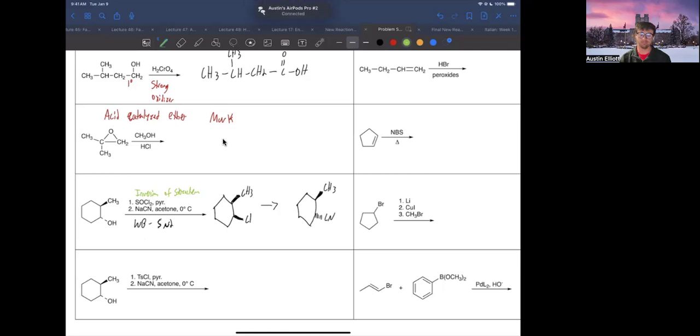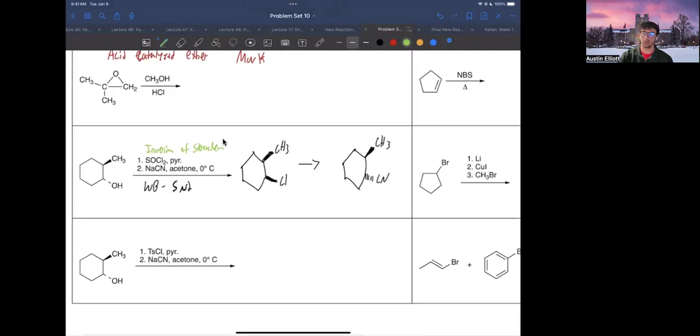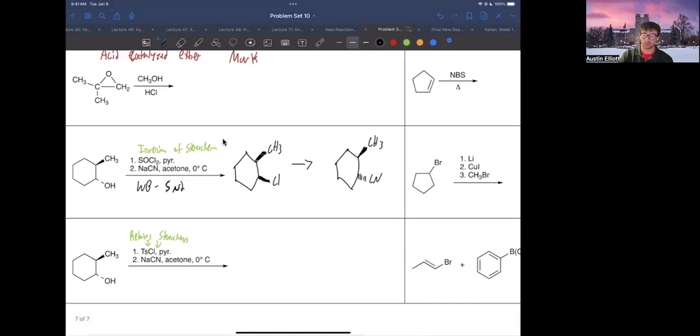And then the next one that we're going to look at, our tosyl chloride or TsCl, is going to retain it and then only invert once. So like we said earlier, retain stereochem. So our first thing is going to look like this.